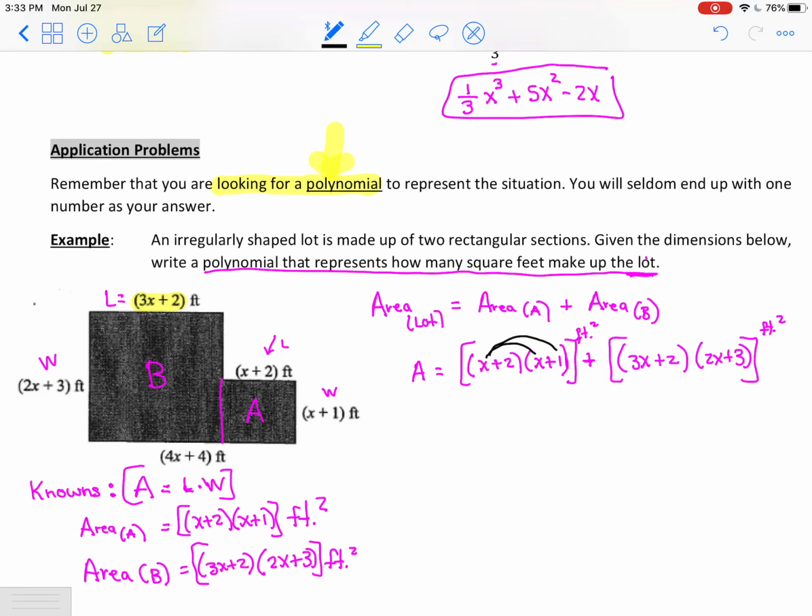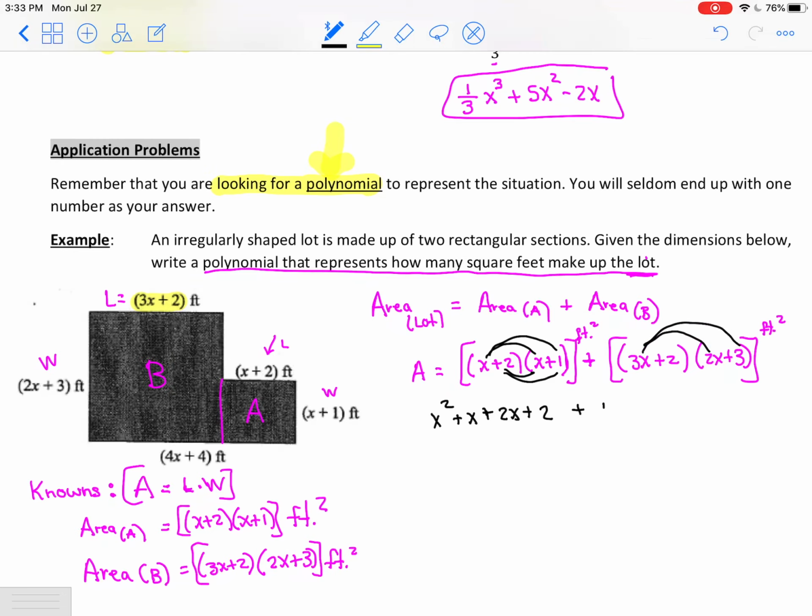So we're going to do our x times both of the terms in that second parenthesis. So that's going to give us an x squared plus x. And then the 2 will be multiplied by both terms. So plus 2x plus 2. Okay, and I'm going to put my addition sign, and we're going to do the same thing with the second parenthesis.